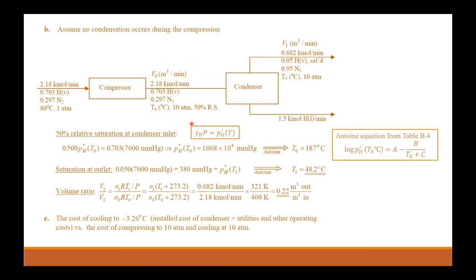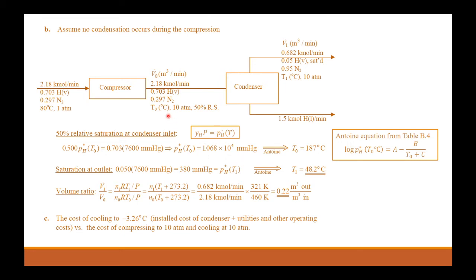So this is at the condenser inlet, that is 0.703 multiplied by 10 atm, which is 7,600 mmHg, which thus gives us the vapor pressure of the hexane in this stream to be this value.